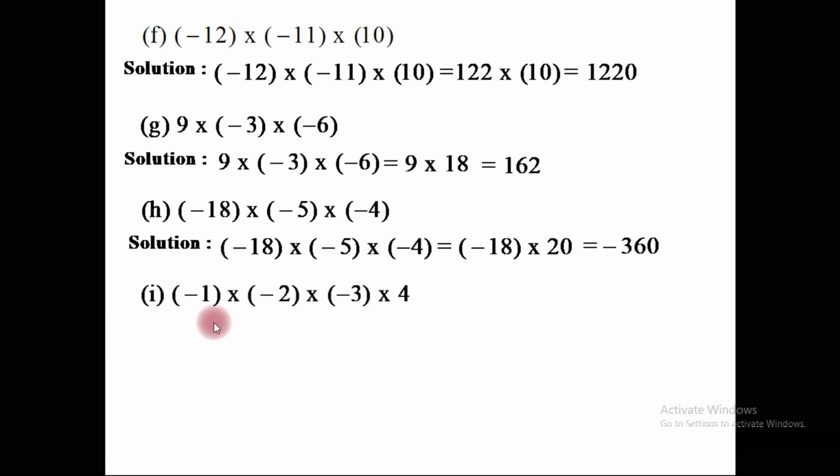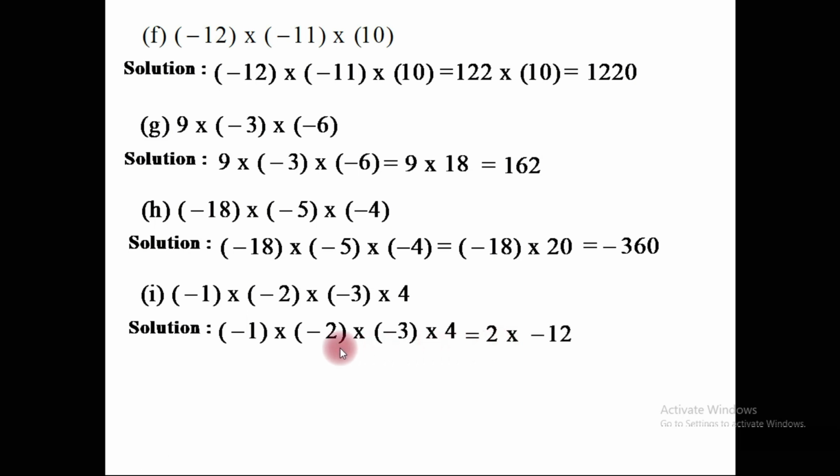Sub number I, minus 1 multiply minus 2 multiply minus 3 multiply plus 4. Here minus 1 and minus 2 will be multiplied first. Minus and minus multiply becomes plus. 2 1s are 2, plus 2, and the last two integers minus 3 and plus 4 multiply.